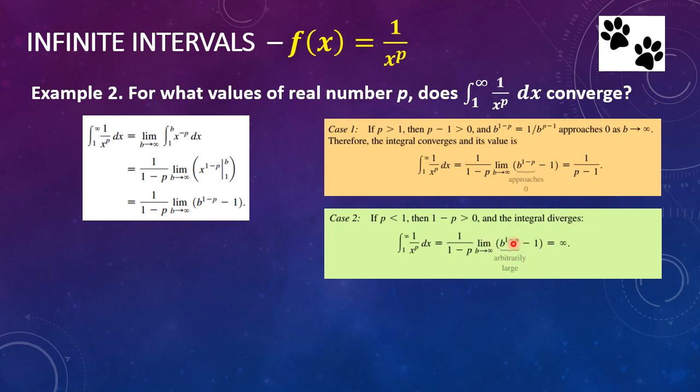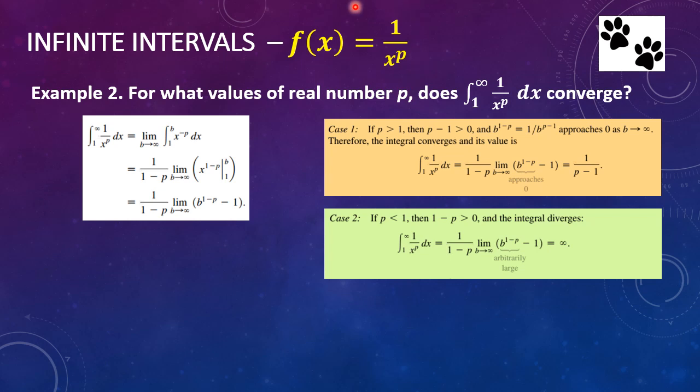So we have infinity minus 1, which is still infinity. And so here we have the answer of infinity, which means it's not converging to a constant or a specific finite number. So in this case, case 2, the integral diverges.